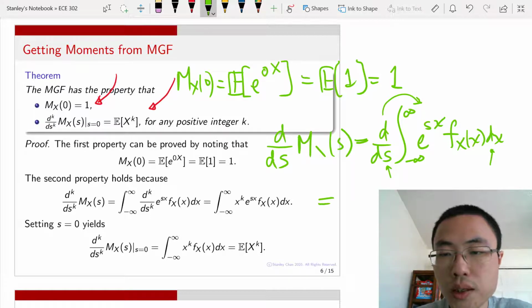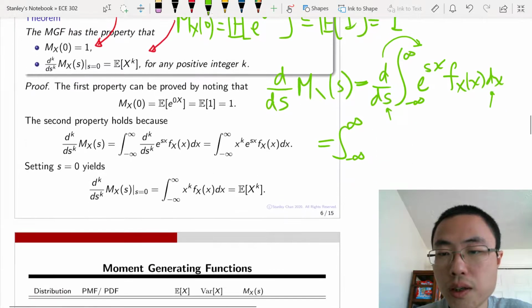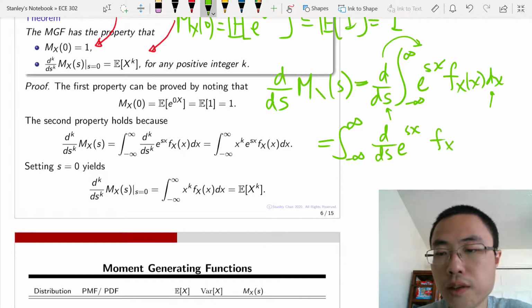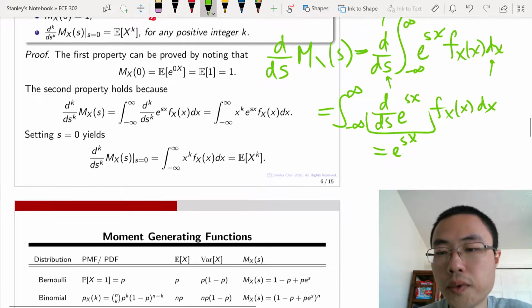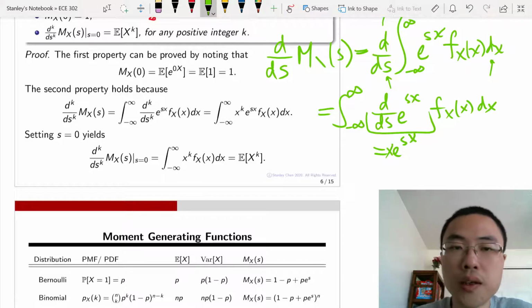So you can put it in, and then you have this integration from minus infinity to infinity of d/ds of e to the power sx, times f_X of x dx. This thing will give you e to the power sx, and then you will have an x that comes out.